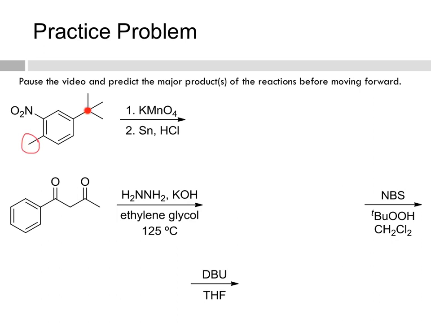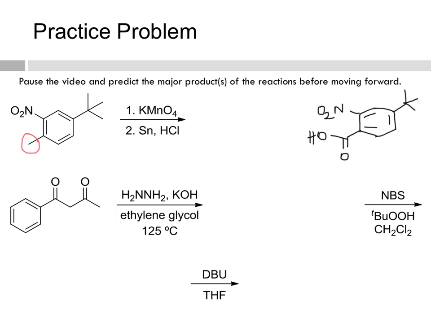Now remember, nothing happens to this tert-butyl group because it's fully substituted and we have no benzylic CH bonds. So after the first step, we're going to get a benzoic acid, the tert-butyl group and nitro group remain intact.